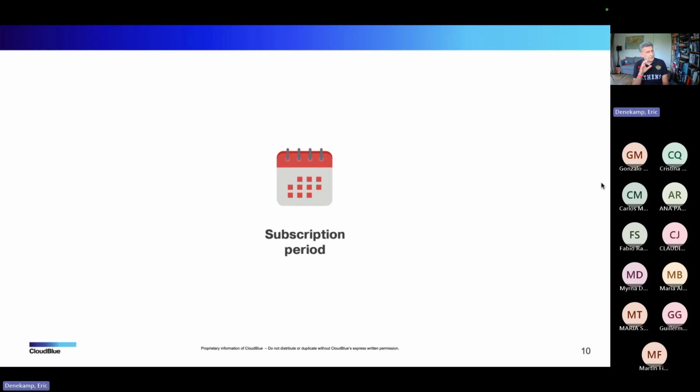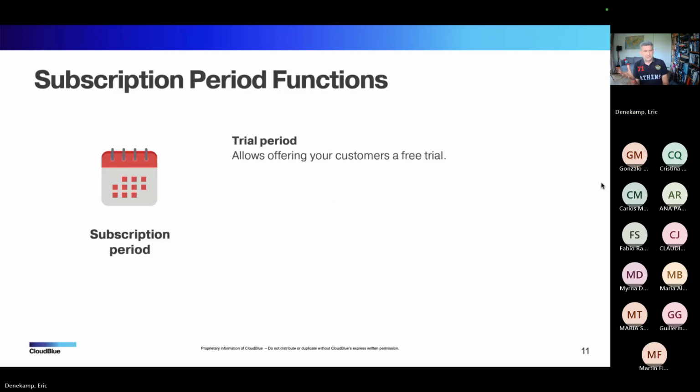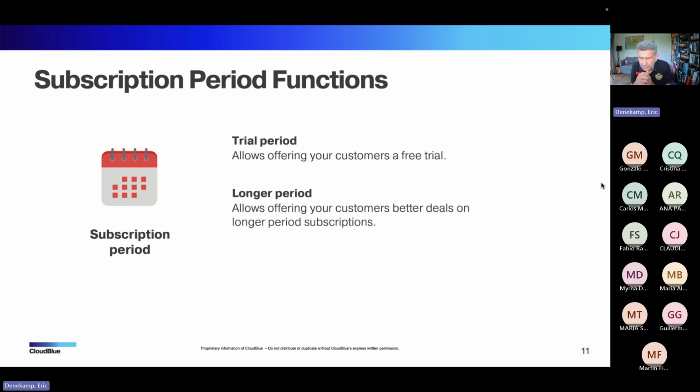What's more, there is a subscription period. There could be a trial. We can see longer periods, and in that subscription, we also see what the customer is paying for period fees. You will see a field for setup fee, even if it's 0.